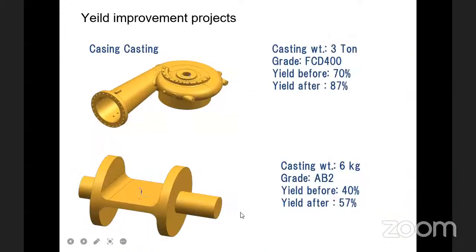Next, these are some of the yield improvement projects we did for the customers. This part weighs 3 ton, and it is a housing type of component. The material of this casting is SG 400, and they were at 70% yield, and we have improved the yield by 17%, so now they are at 87%. And this is a part of AB2, aluminium bronze material.